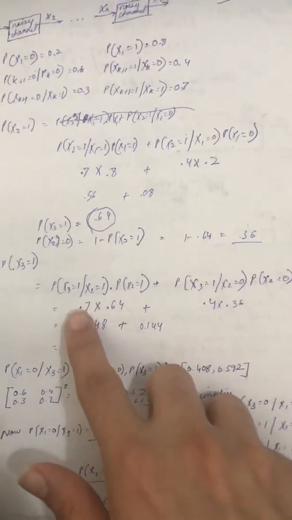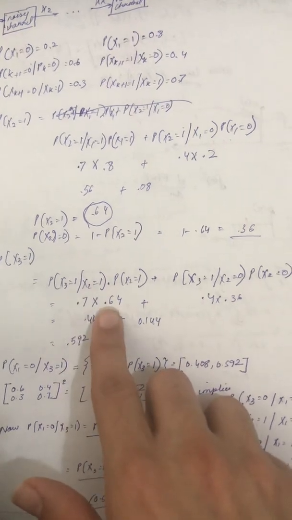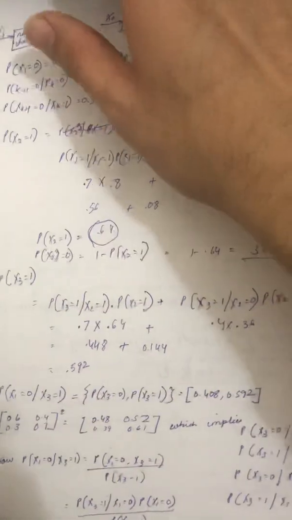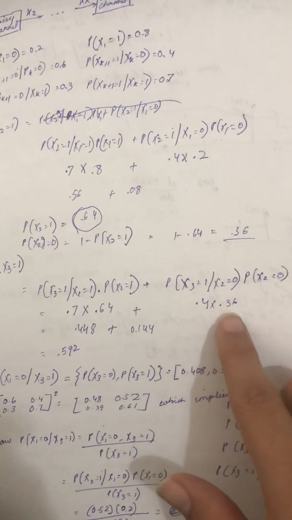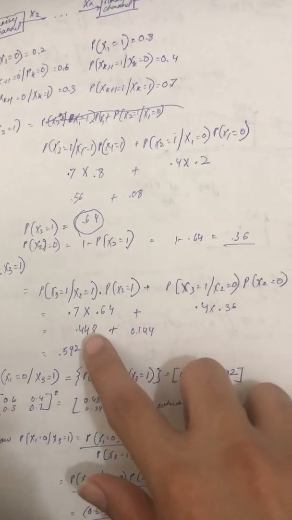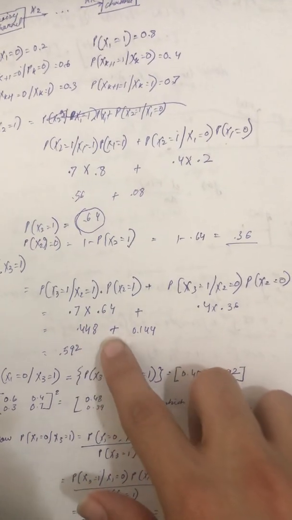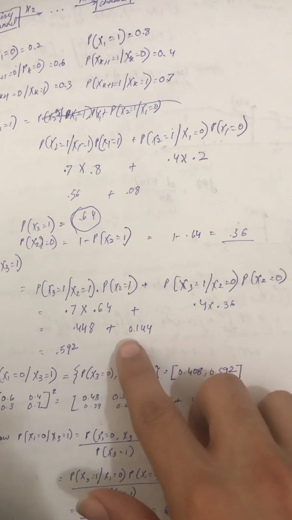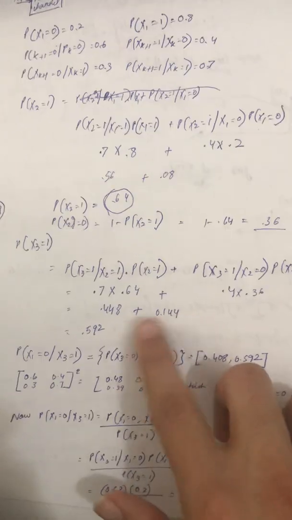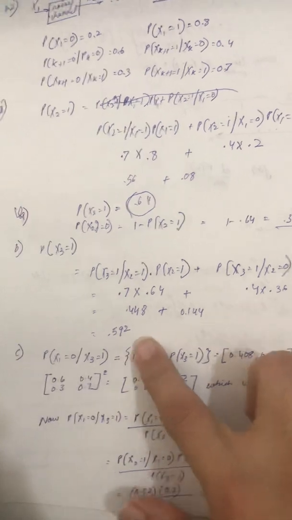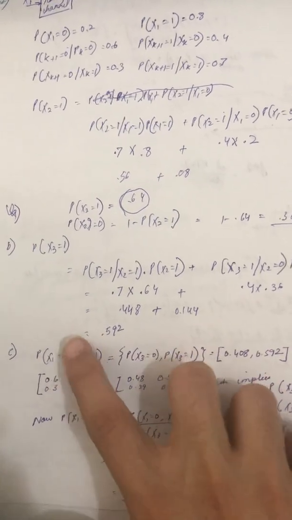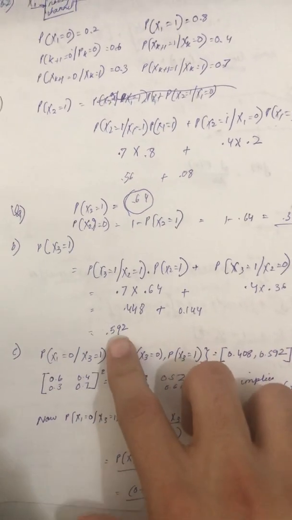That is 0.7 times 0.64 plus 0.4 times 0.36, which is 0.448 plus 0.144, equal to 0.592. So the probability of x3 equal to 1 is 0.592.